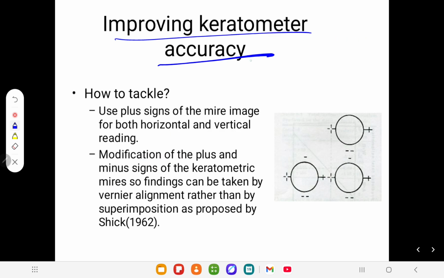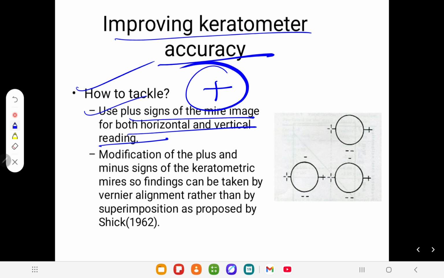To improve accuracy, use the plus sign mirror image for both horizontal and vertical reading, because with plus signs stacking plus on plus, there is less chance of inaccurate measurement. Or modify the plus and minus signs of the keratometry finding with vernier alignment rather than just superimposing them, because our eye is very good at vernier acuity.